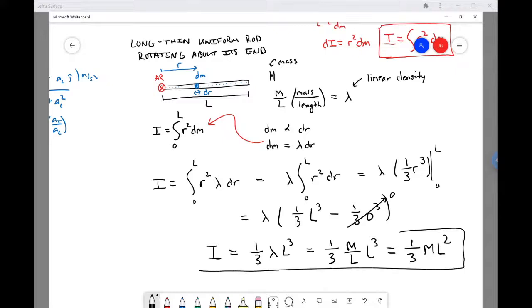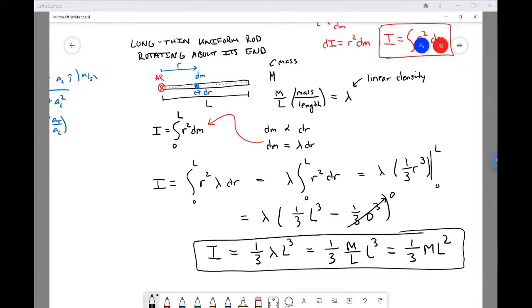So the rotational inertia of a point mass is mr squared. The rotational inertia of a long uniform rod is 1/3 times its mass times its total length squared. So you still see this connection: the units are going to be the same.